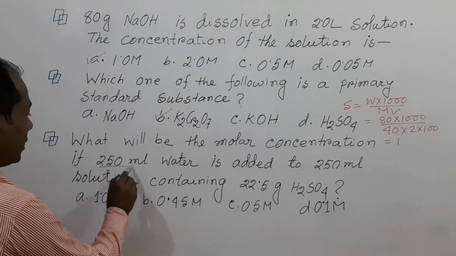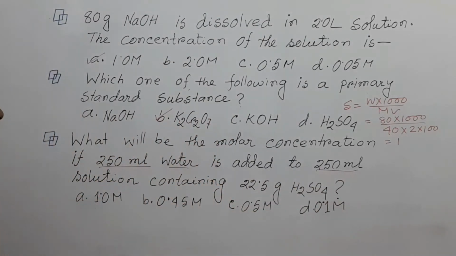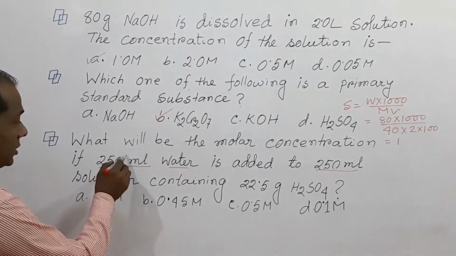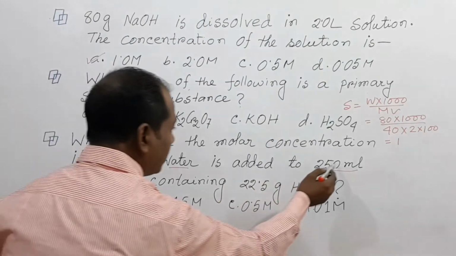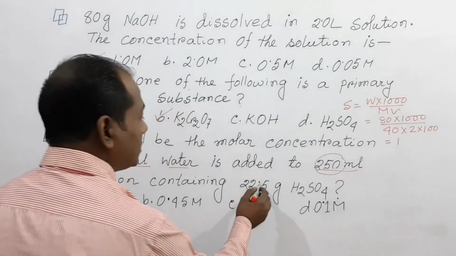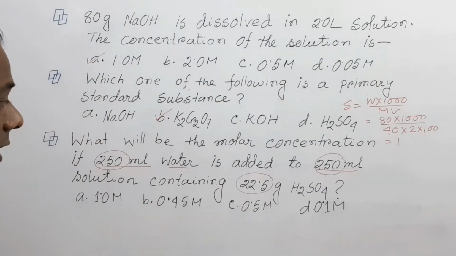Now next question: what will be the molar concentration if 250 ml water is added to 250 ml solution containing 22.5 gram sulfuric acid? So my dear students, the total volume of the solution is 250 ml plus 250 ml, and the weight of sulfuric acid is 22.5 gram.